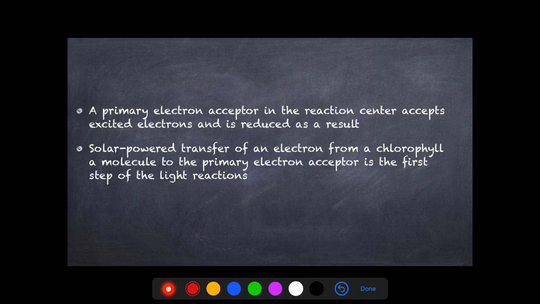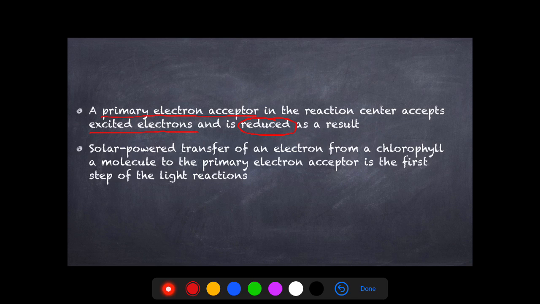And that box will now have the energy from that electron. The primary electron acceptor that is part of this reaction will take those excited electrons and it's going to be reduced.